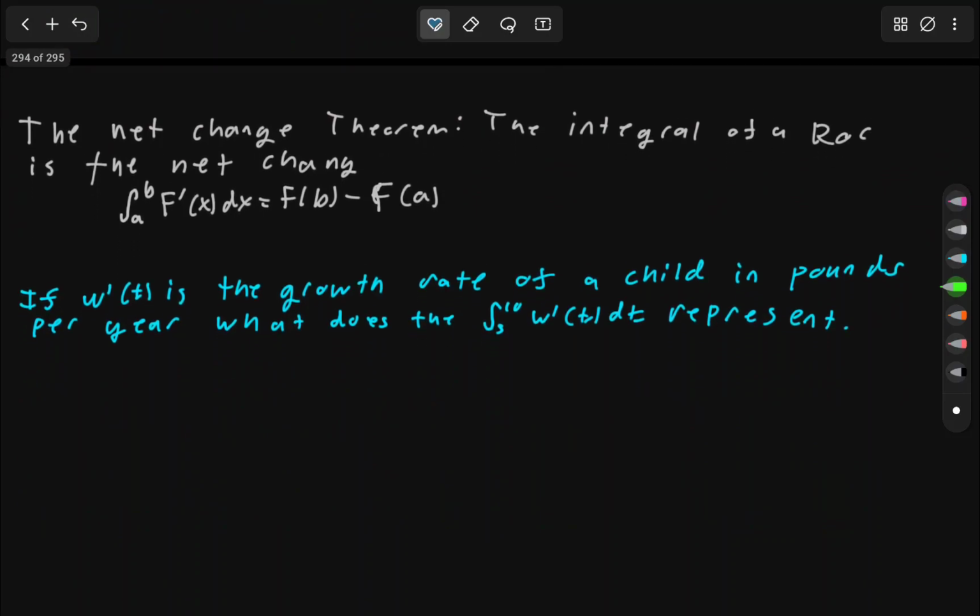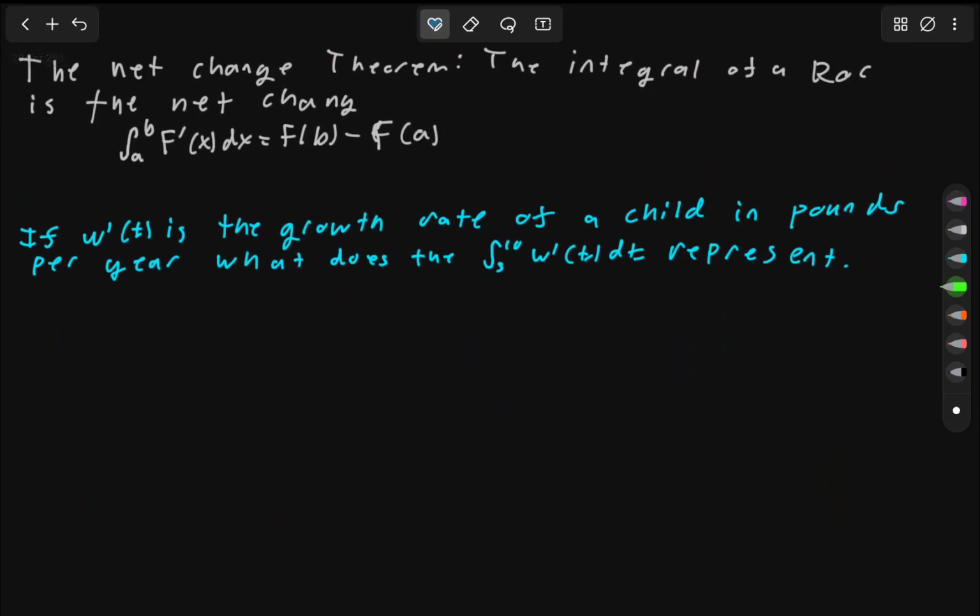So, now I just want to change my focus to highlighting something from yesterday's video. And this is the net change theorem. The integral of a rate of change is the net change. So really what that's saying is, if we have a rate of change, let's say f prime of x, and we're integrating from a to b, the net change of that function f of x is going to be f of b minus f of a.